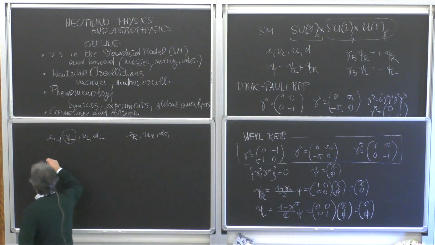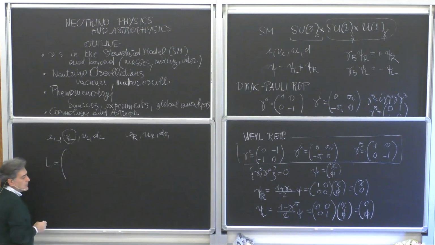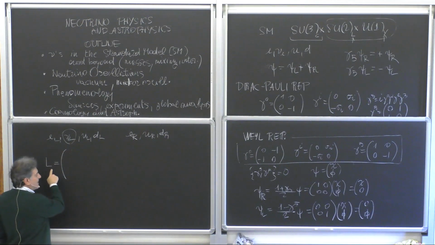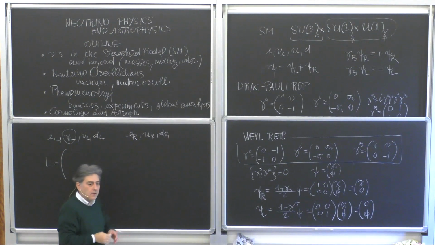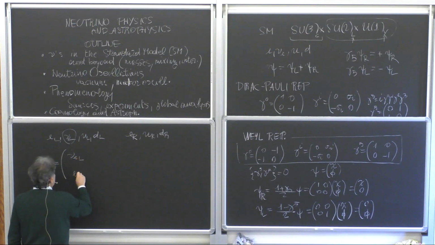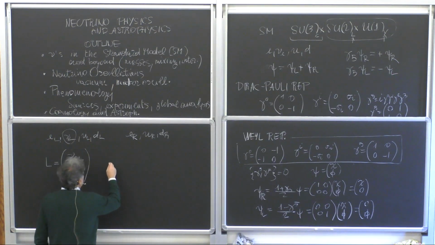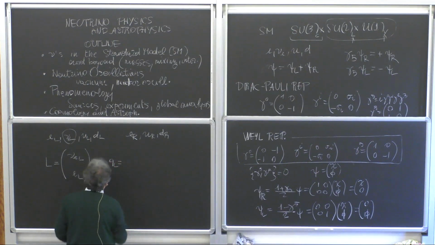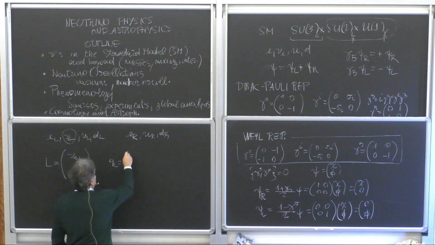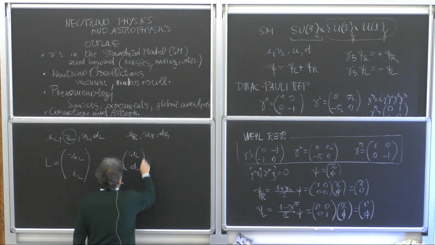Now we put the left part of the leptons in a doublet, nu EL, EL, and also, for quarks, the left part, UL, DL, in a doublet.